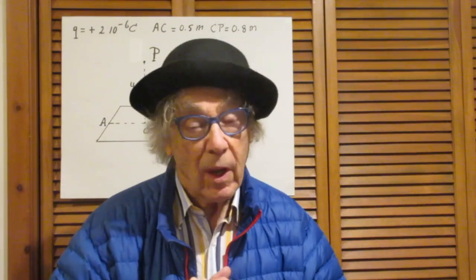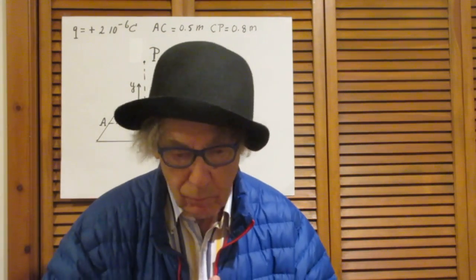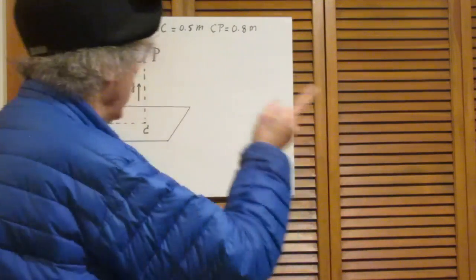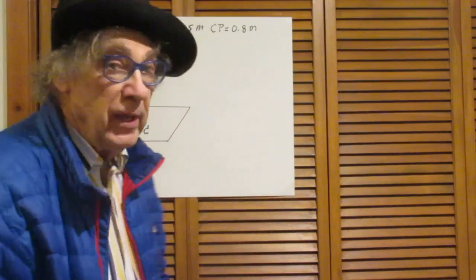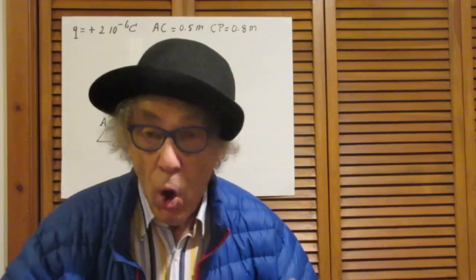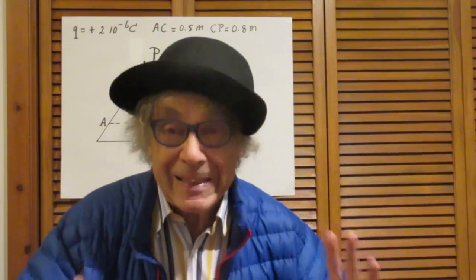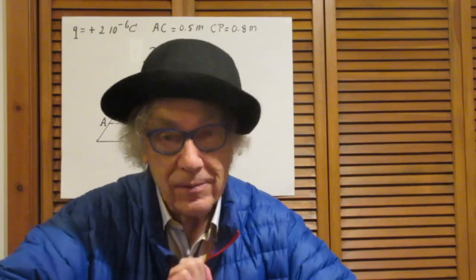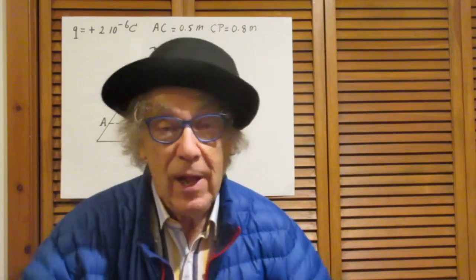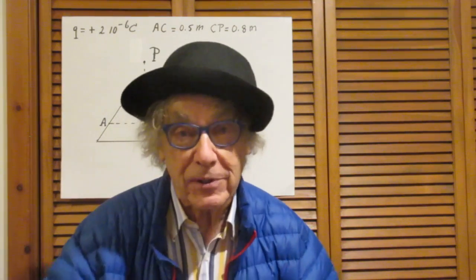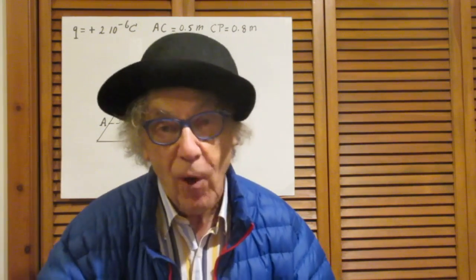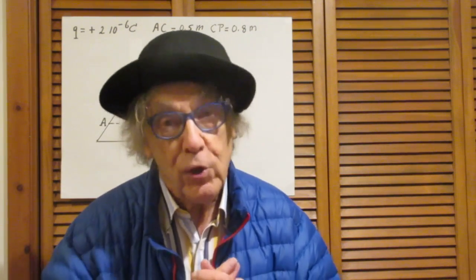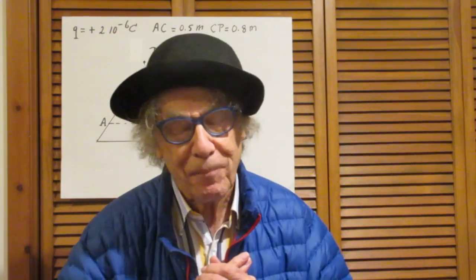Therefore, I now predict, but honestly I haven't worked it out yet, that surely, in this case, it will be different. But it will not be wildly different. So if you find an answer for the electric field at P which is wildly different from 1.71 times 10 to the 4th volts per meter, you have probably made a mistake.